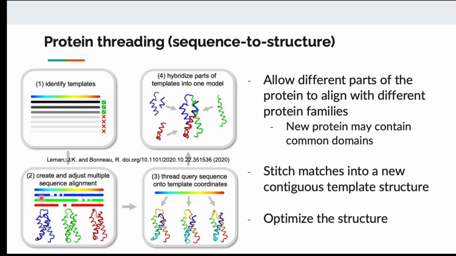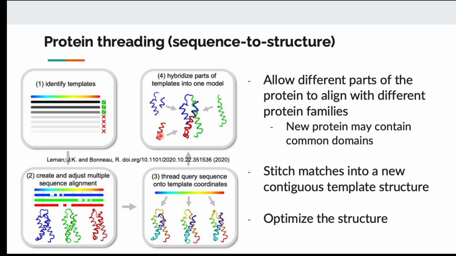For example, the N-terminus part of your protein might be similar to one protein family, one protein domain, but the middle might contain a different domain, and the C-terminus might contain yet another domain. Using local sequence alignment, you can identify different templates for different parts of your protein.